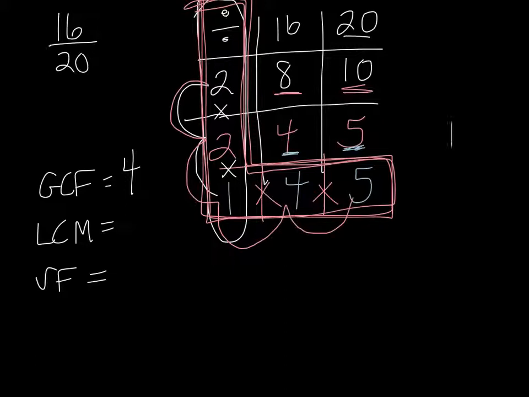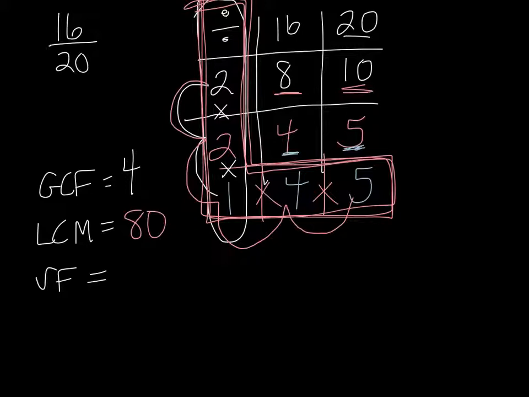And then I need to multiply 16 times 5. 5 times 6 is 30. 5 times 1 is 5. And 5 plus 3 is 8. So the smallest number that 16 and 20 can both create is 80. That is my least common multiple.